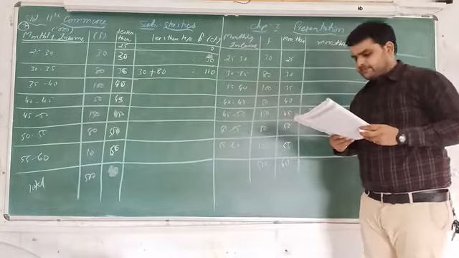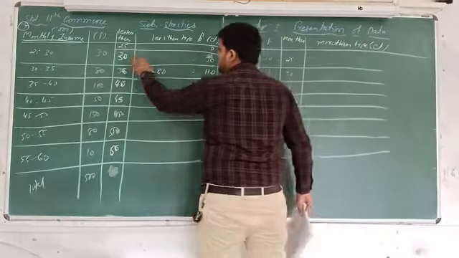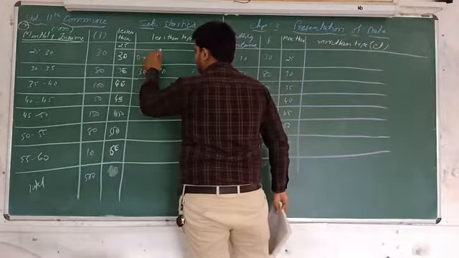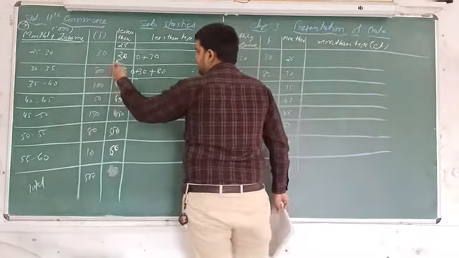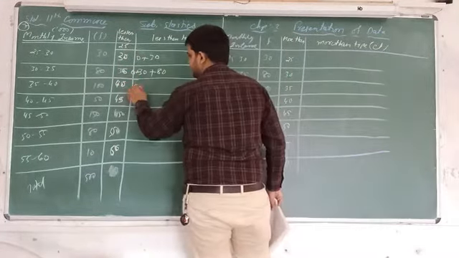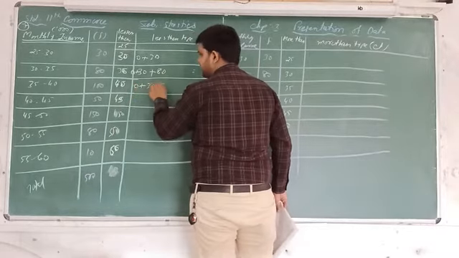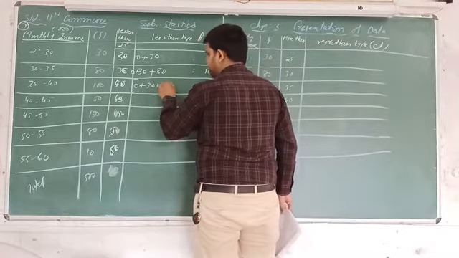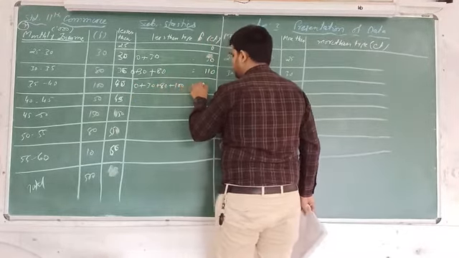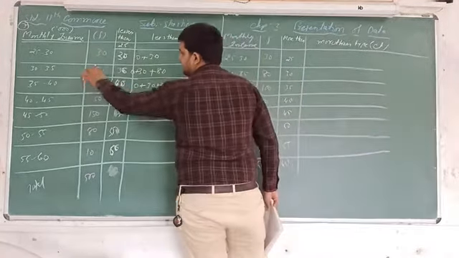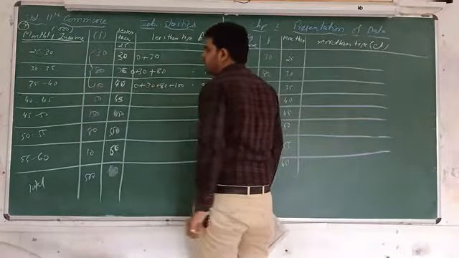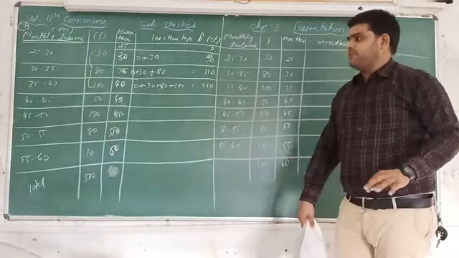So 0 plus 30, then 0 plus 30 plus 80, then we add 100: 0, 30 plus 80 plus 100, so it is 210. So less than 40,000, these are all the people who have income below 40,000.